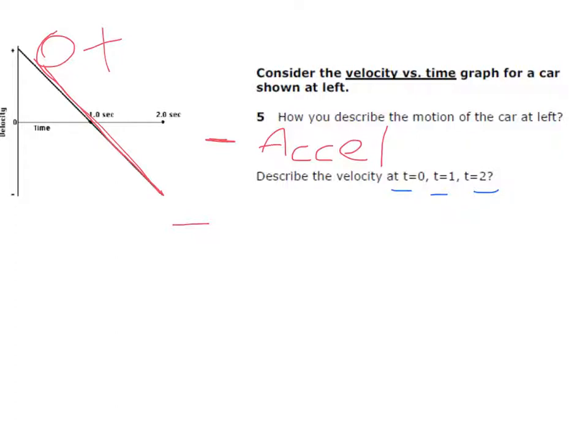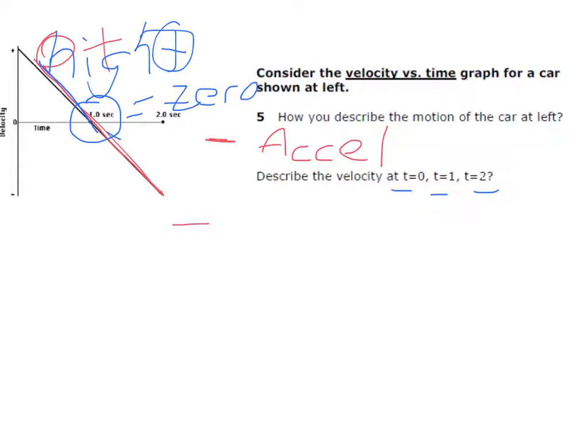Well, at the beginning, it's a high positive velocity, then it slows down, slows down, slows down. Then at t equals 1 second, it's 0 or stopped. And then as it continues on down at 2 seconds, it is high negative velocity.